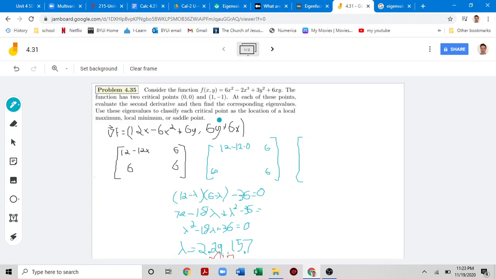So instead of putting the 0 in right here, we'll put a 1. This makes things a lot more interesting. So 12 minus 12 times 1. Oh, what do you know, it's 0. And a 6, 6, 6.